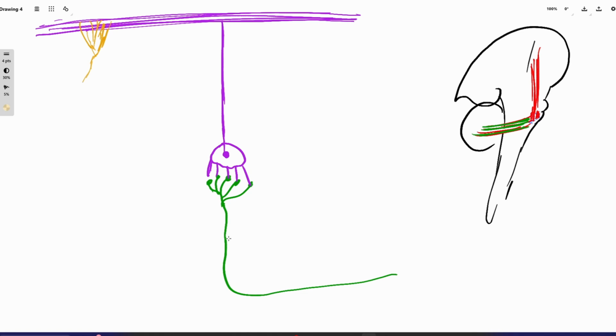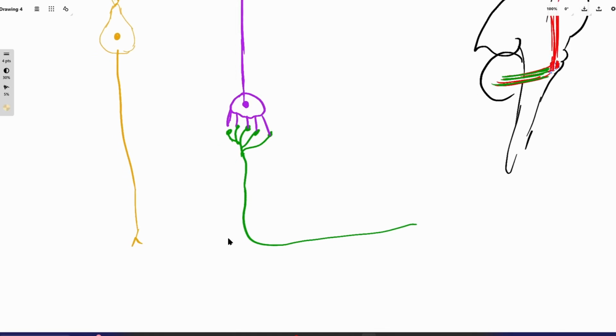And okay, let's draw a single Purkinje cell here. So now these Purkinje cells will send their axons downward into very deep layers, and here they will synapse with what? Deep cerebellar nuclei.